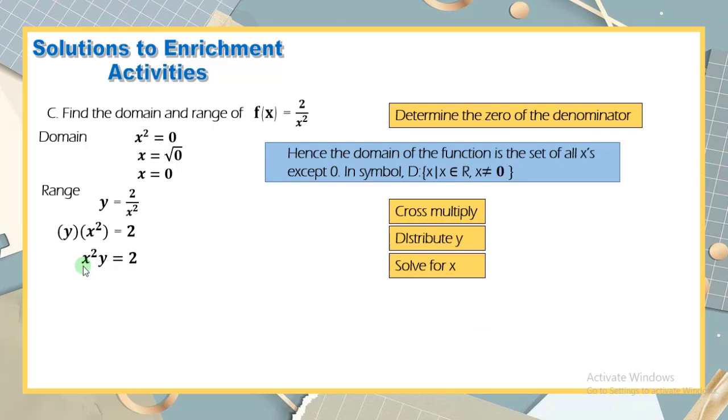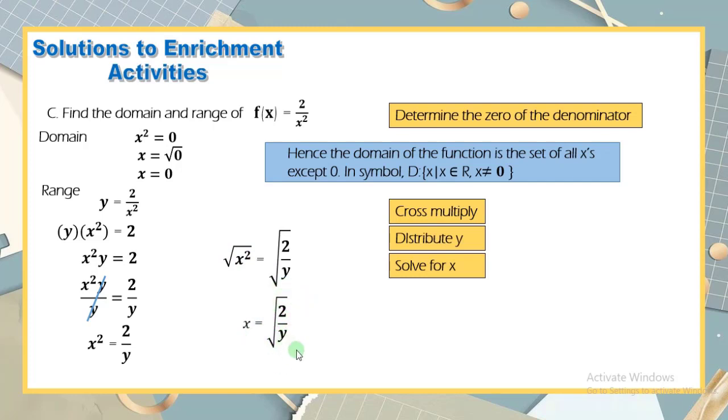In this case, we divide both sides of the equation by y to eliminate y. Then this will become x squared equals 2 divided by y. And since we have here a square, we get the square root of both sides. So for the square root of x squared, we have x is equal to the square root of 2 over y.